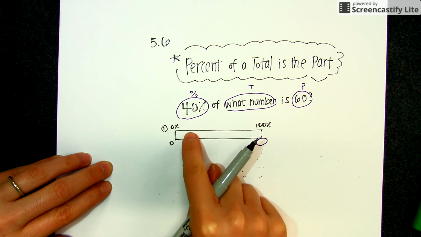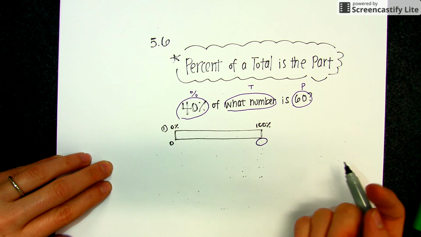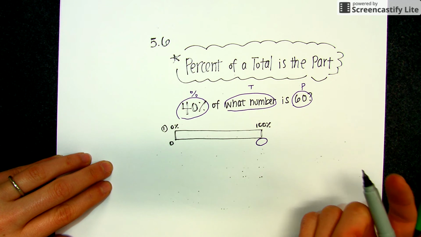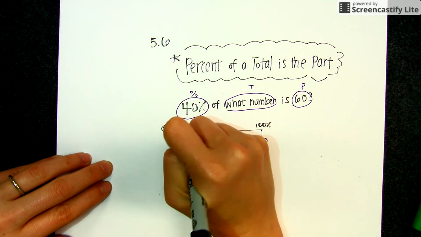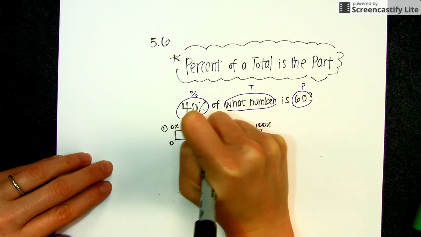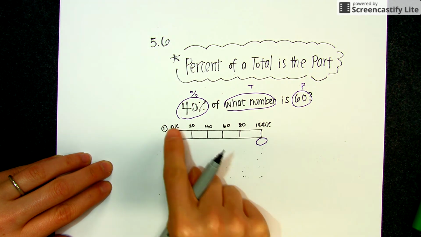But since it's broken down to 40%, you can split this into either 10%, 5%, or 20%, whichever makes it easier for you. I like bigger numbers, so I'm going to do 20%: 20, 40, 60, 80, 100%.